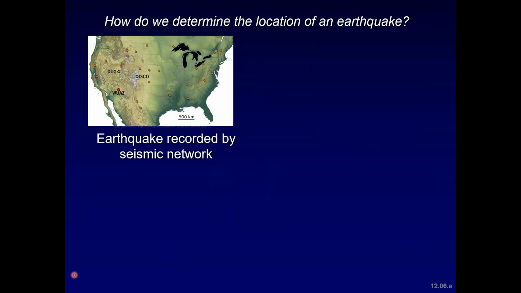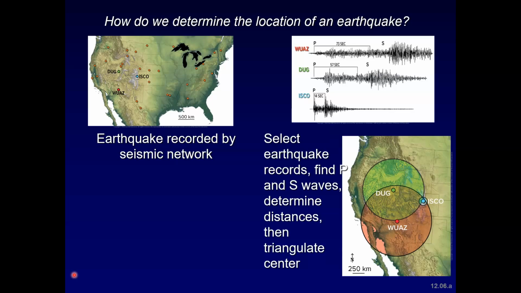So how do we determine the location of an earthquake? It's recorded by a seismic network. You have seismometers recording these waves. It's going to be detected on the network of stations. Three stations have to be selected, and then the time between the S and P wave arrivals is measured and converted into distances.